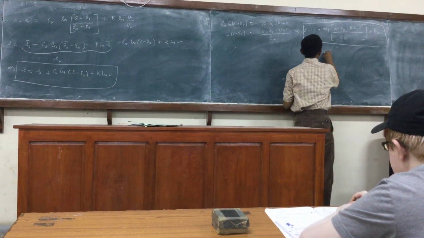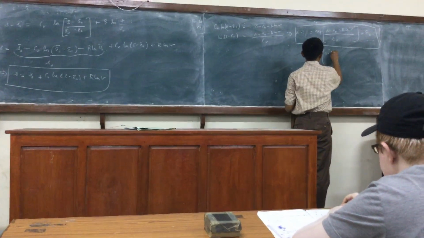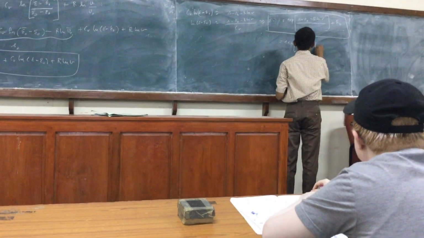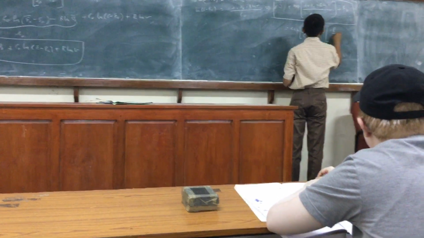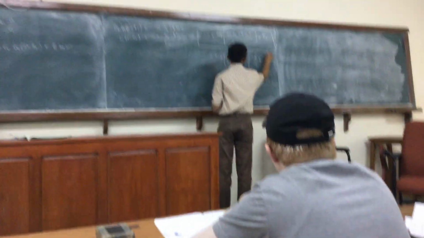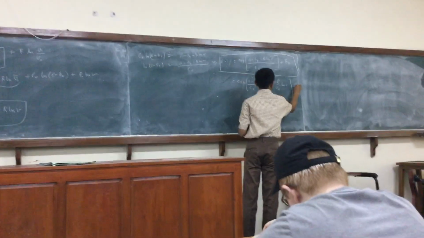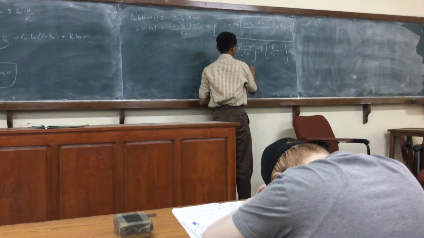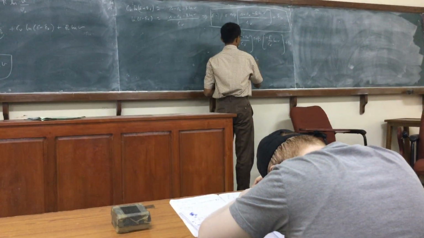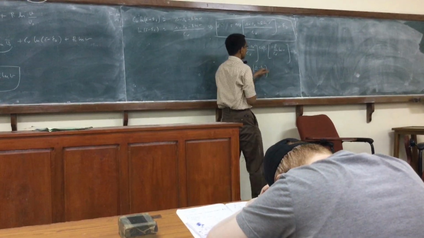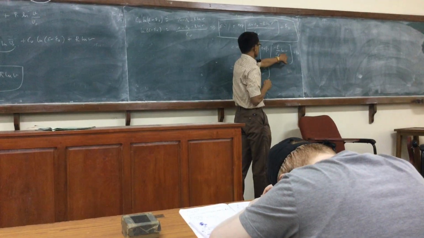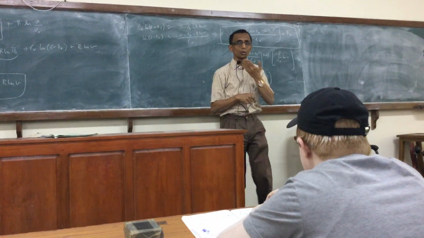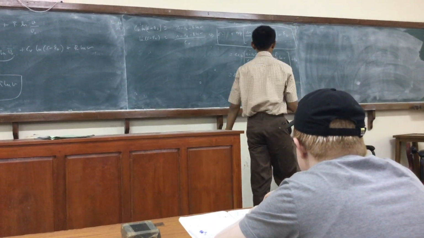Probably we can try writing this. And then I have the exponential of minus R over Cv log V plus epsilon naught. And then this can be written as... You see clearly the difference. I can write this as the logarithm of V raised to the power minus R over Cv.